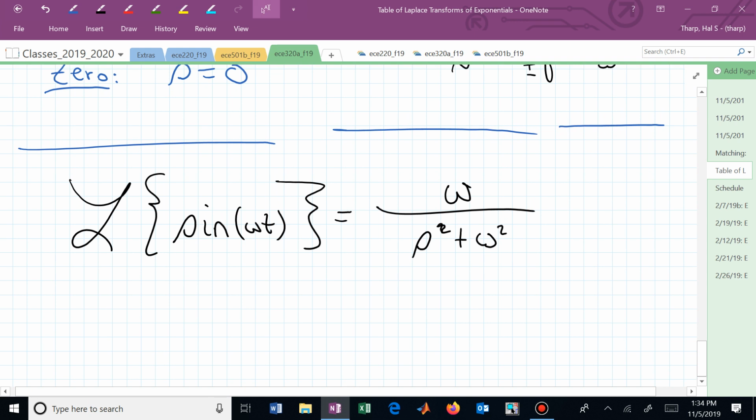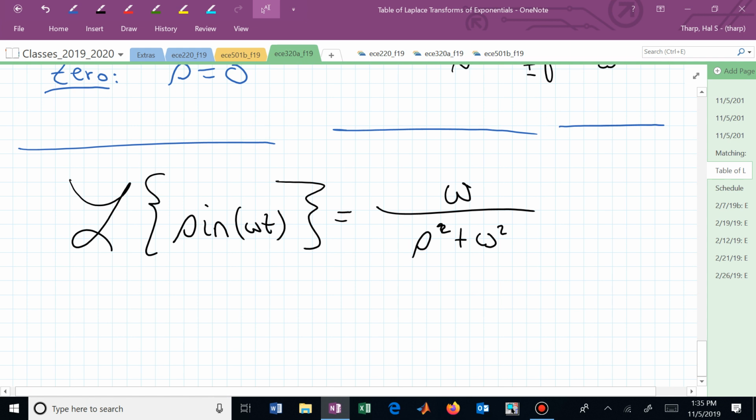Where was I? Zeros. Oh, and infinite zeros. I was talking about infinite zeros. Have you heard of infinite zeros? Or zeros at infinity? Here you can see that there's no finite value of s that causes that to vanish. That means we have no finite zeros.